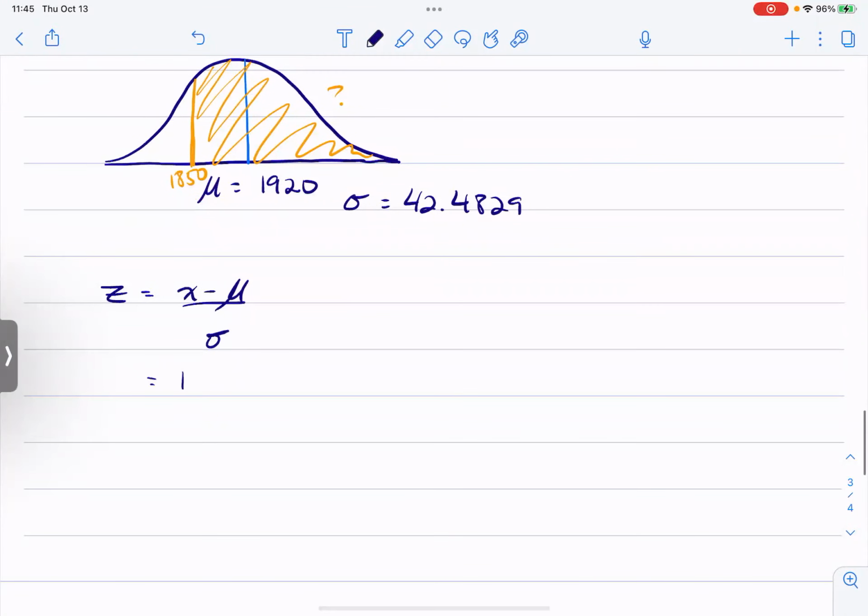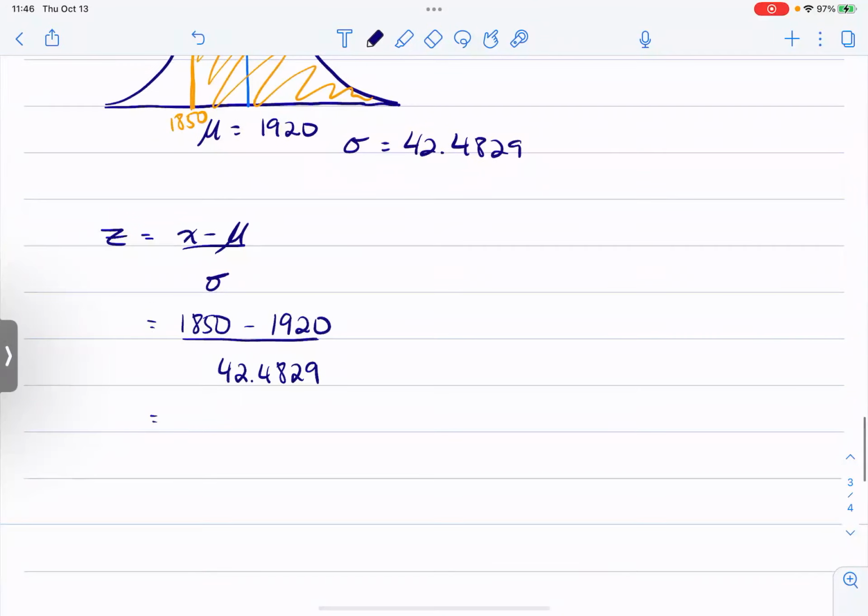So we're going to have 1,850 minus the mean, which is 1920, divided by the standard deviation, 42.4829. Okay, 1,850 minus 1920 divided by 42.4829 puts me at negative 1.6477.